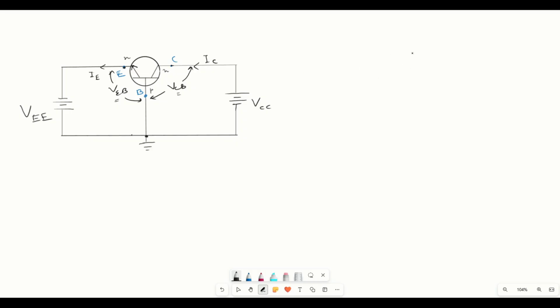So similarly, if we draw the common emitter, then we'll be having the emitter in the middle. So this would be our circuit diagram, right? This is the ground terminal and the output will be across collector and emitter.